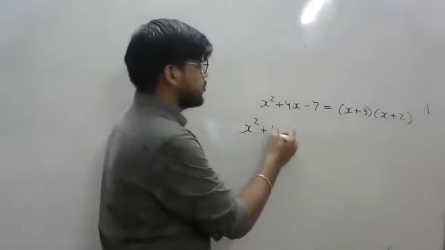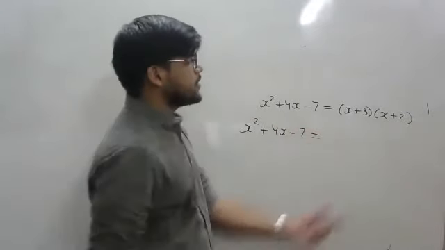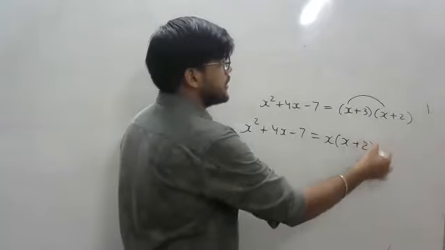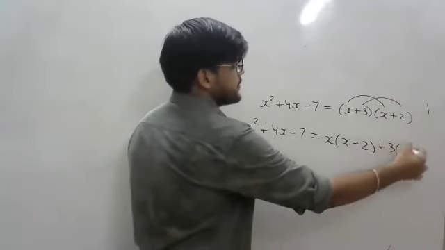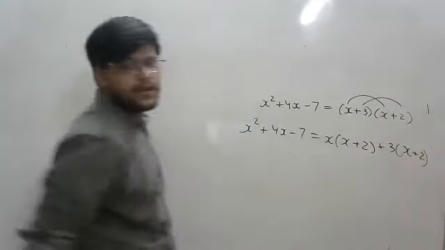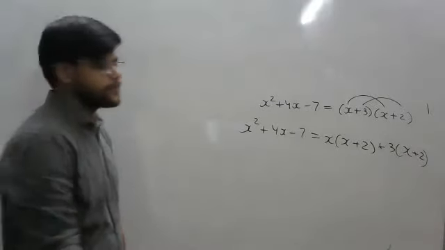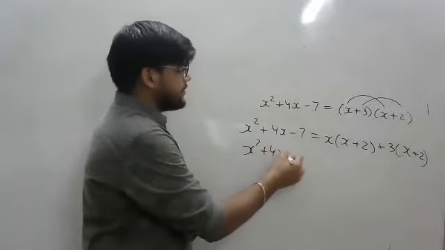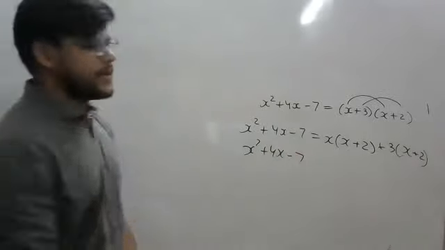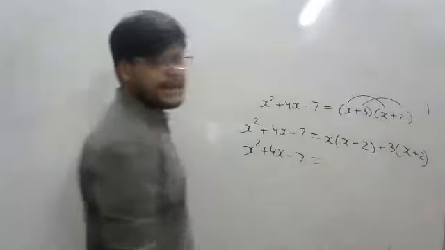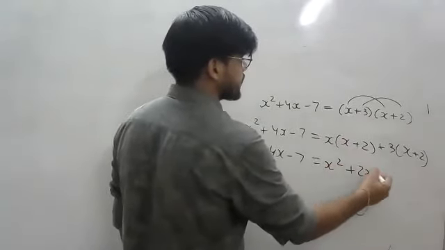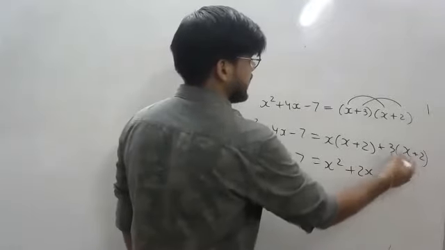x square plus 4x minus 7. Here you will multiply x into x plus 2 and 3 into x plus 2. This is how we do our expansion. Now, on the left hand side, there will be no change. It is already in simplified form. And on the right hand side, you just multiply x with x, x with 2, 3 with x, and 3 with 2.